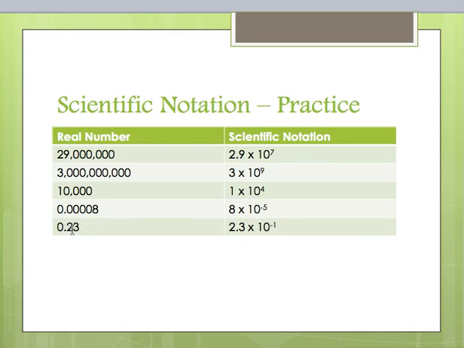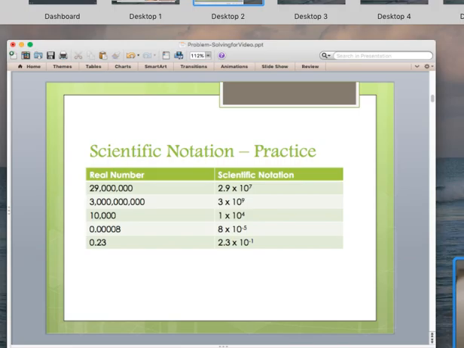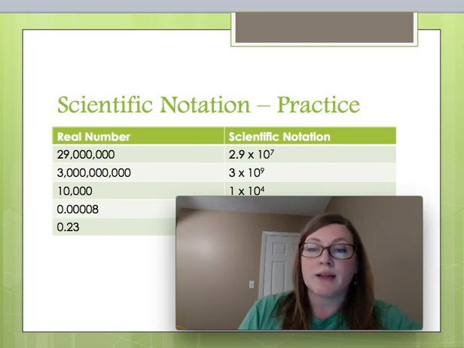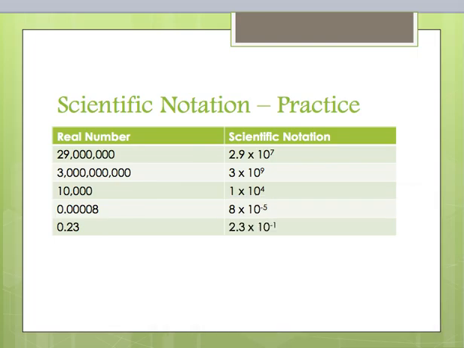This decimal just moves one place to the right: 2.3 times 10 to the negative 1. If you still need some more practice with this, there are lots of opportunities. There are lots of practice sheets on the web, so by all means, go and find some places that can help.